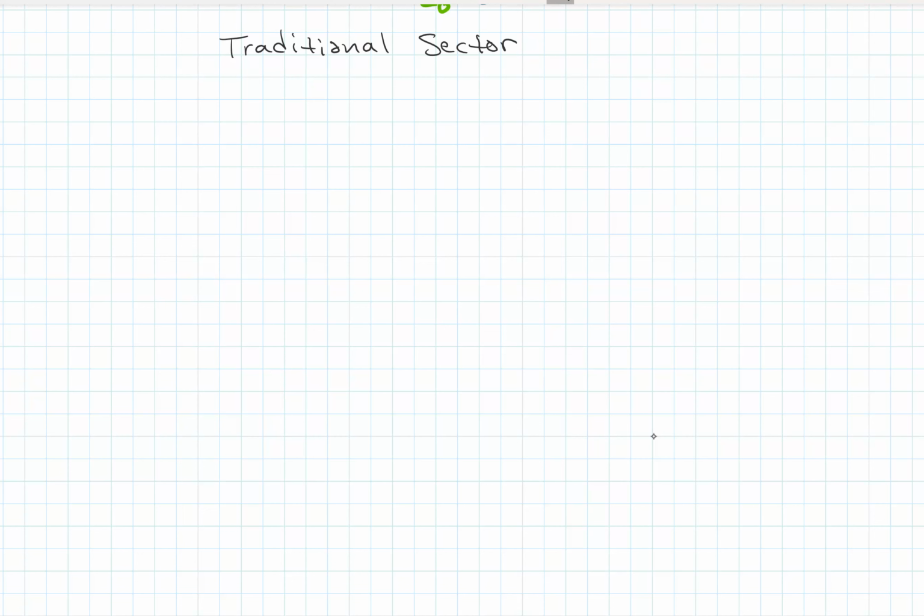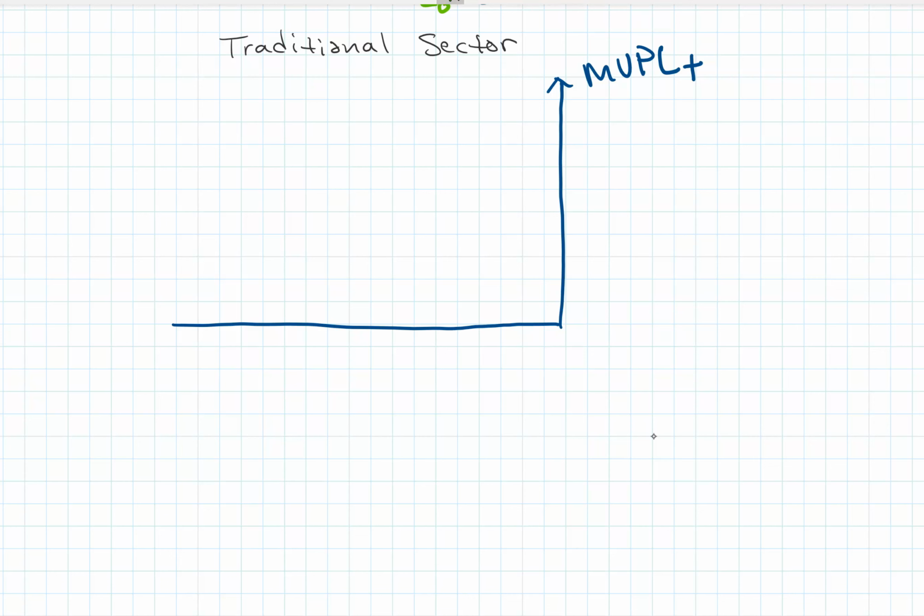So here, going this way, it's actually going to be reversed from what you might think. Over here is the marginal value product of labor for this. We can call it the traditional sector T, just to keep consistent with what your textbook's doing. Marginal value product of labor, what does that mean? That's the value of the product, how much the marginal worker produces.